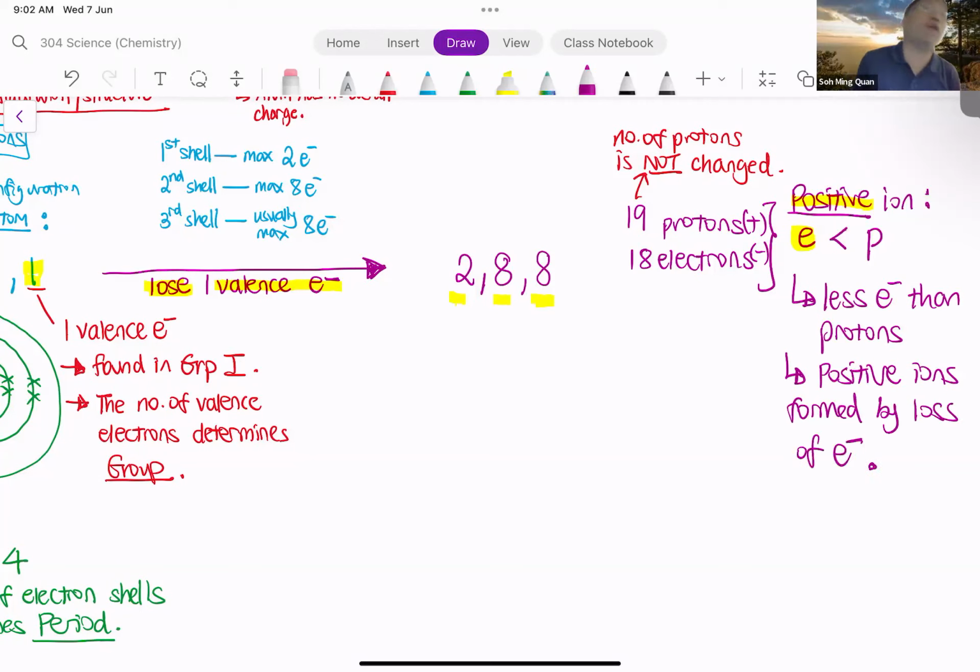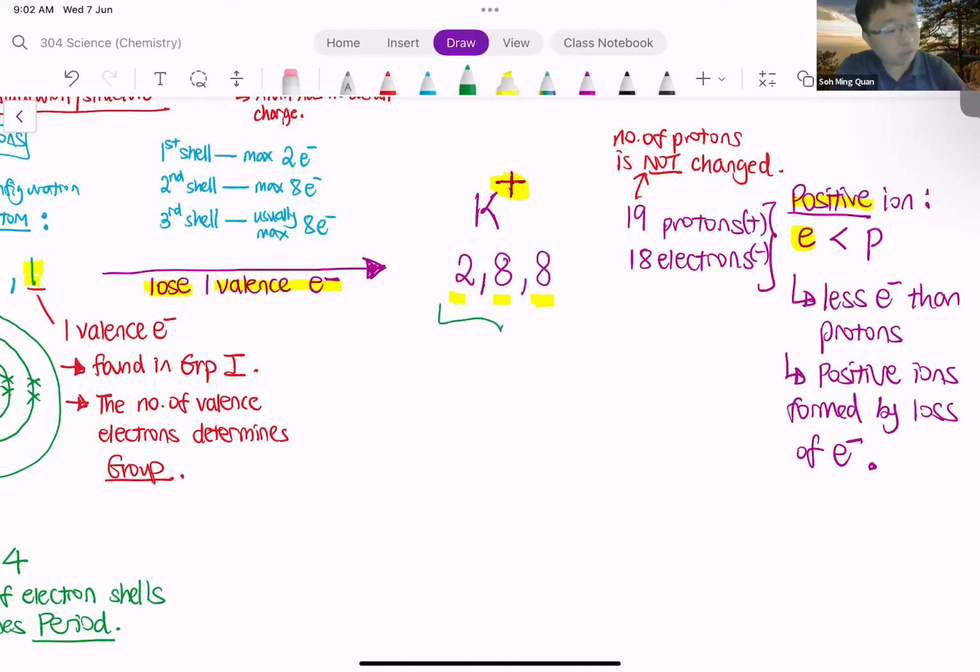In order to form the ion, potassium had to lose one valence electron. So it lost one valence electron. So this is K plus. It's a positive ion. So now we are able to work out, because the atom is 2, 8, 1, you lose the one valence electron. So it forms a positive potassium ion.